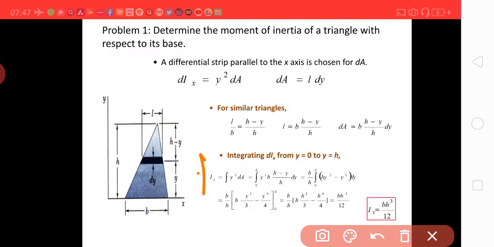So dA becomes B into h minus y upon h into dy. Now on integration, integrating dIx from y equal to 0 to y equal to h, we will find this relation, bh cube by 12.